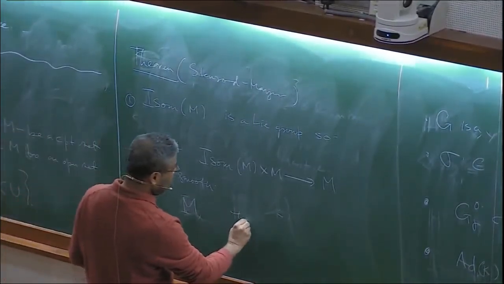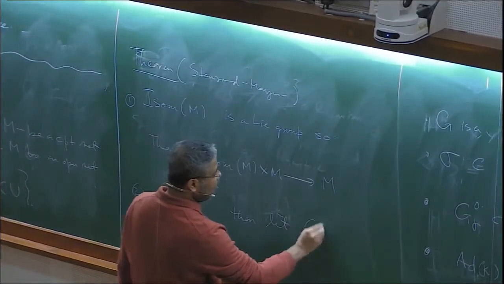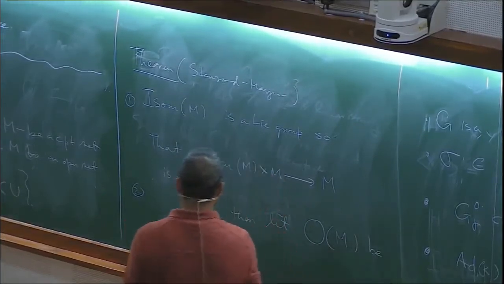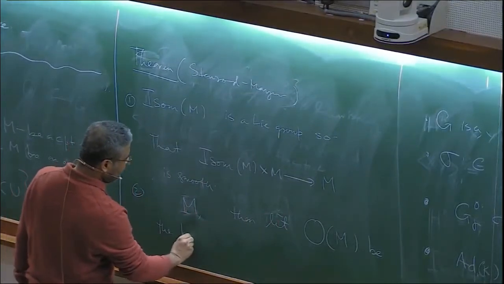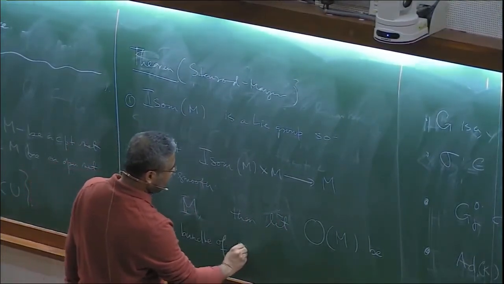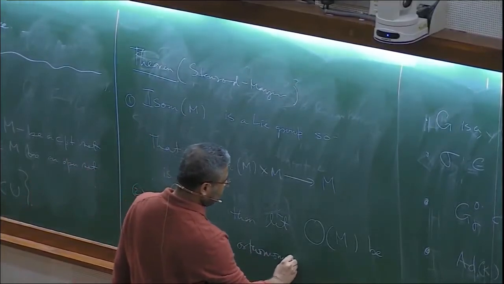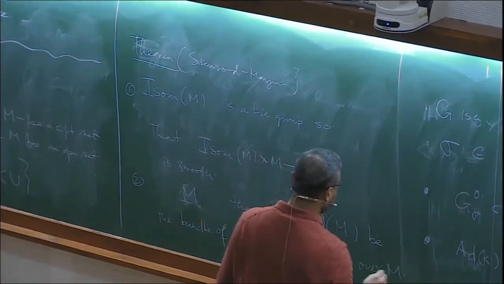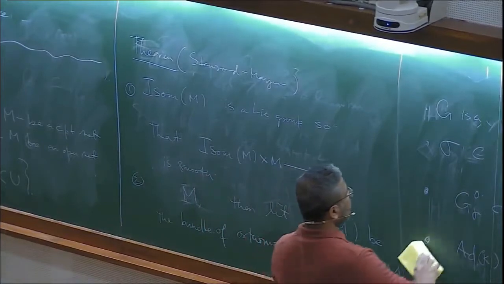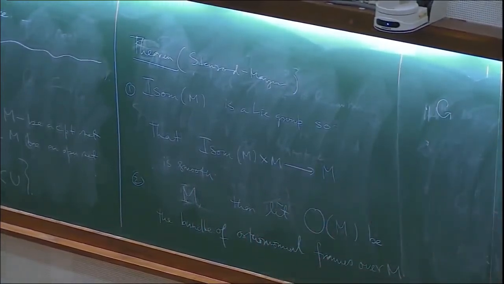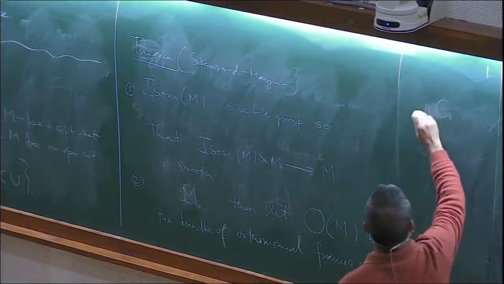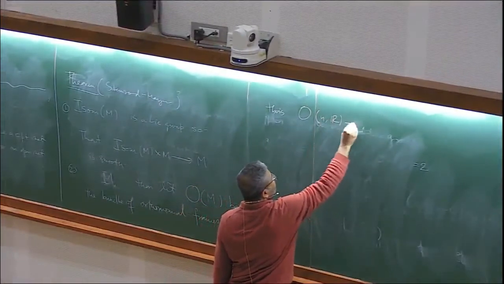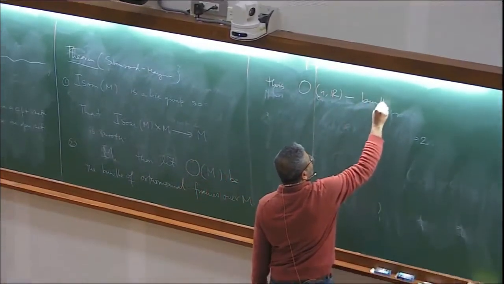So let OM be the bundle of orthonormal frames over M. So this is an O(n) principal bundle.